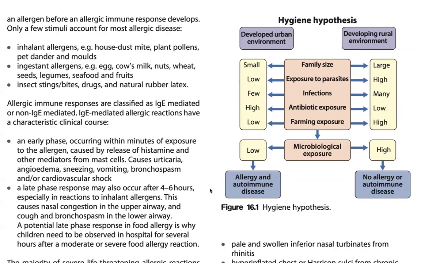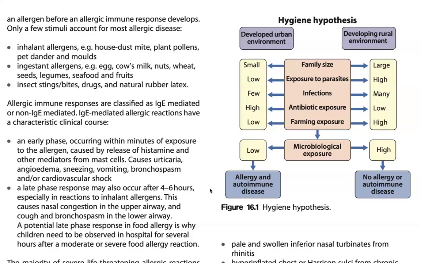IgE mediated allergic reactions have a characteristic clinical course. An early phase occurs within minutes of exposure to the allergen, caused by release of histamine and other mediators from mast cells. It causes urticaria, angioedema, sneezing, vomiting, bronchospasm, and shock.